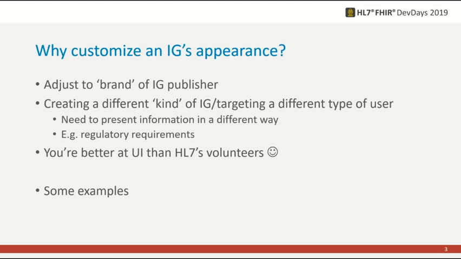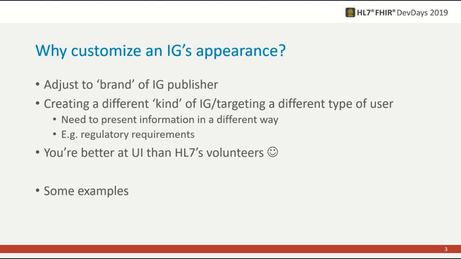The more significant reason to make a change is that the people who are consuming your implementation guide are different in some way from the folks who are consuming typical HL7 implementation guides. Maybe you are producing a whole whack of logical models rather than typical FHIR profiles.